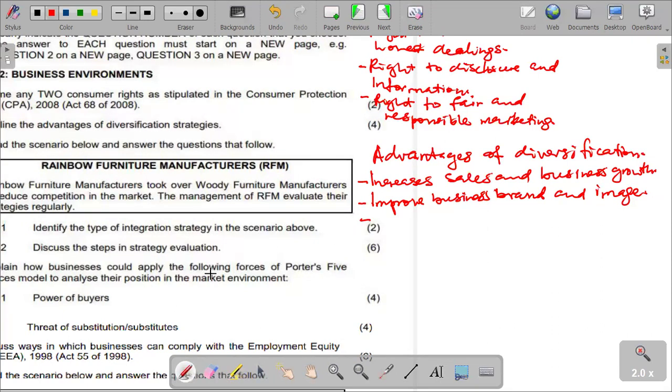We can also talk about how it can help a business to reduce the risk of relying only on one product. It helps a business to reduce the risk of relying only on one product.